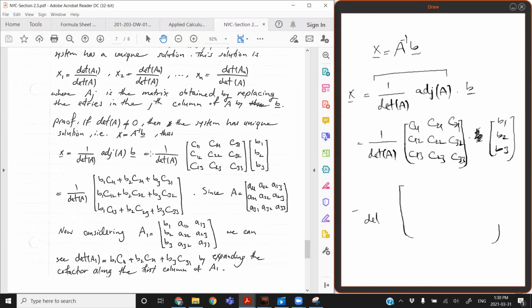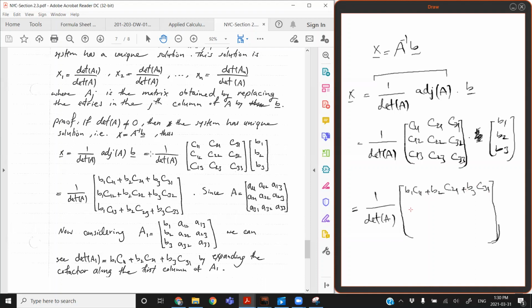So you can see that now if I multiply these two matrices here, I get B1 C11 plus B2 C21 plus B3 C31. That would be my x1.